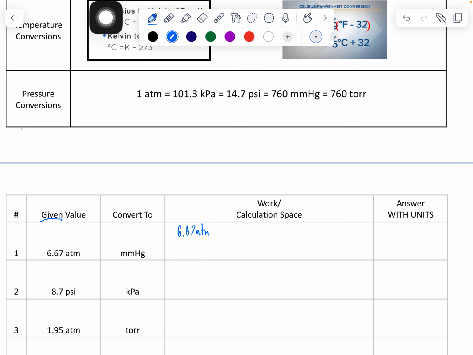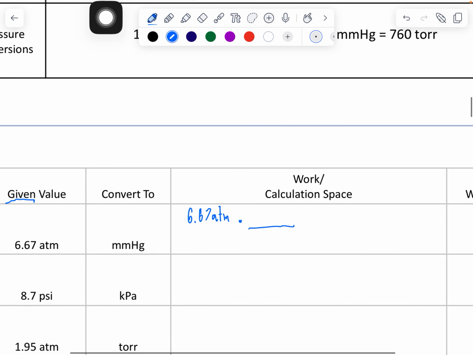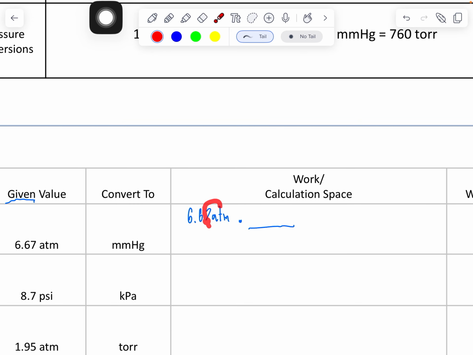To do that, we are going to multiply by a fraction. Take whatever your given unit is, and place that unit on the bottom. This is going to cancel that unit out. Place what you are converting to on the top. We're converting into millimeters of mercury. Remember, Hg is the elemental symbol for mercury.